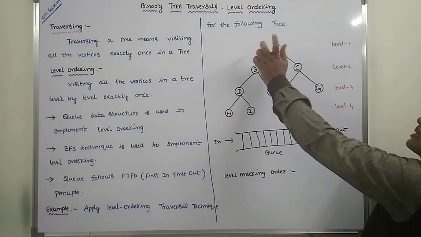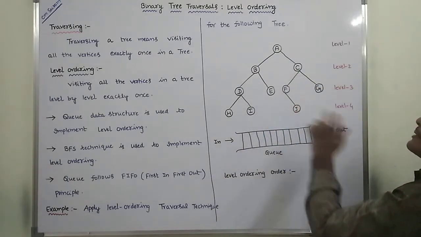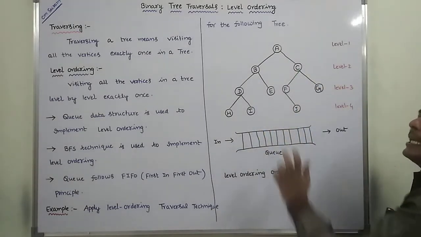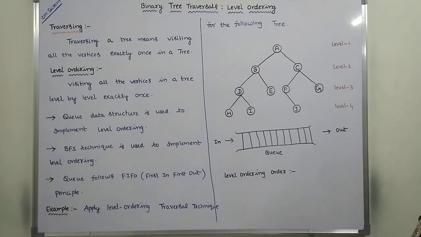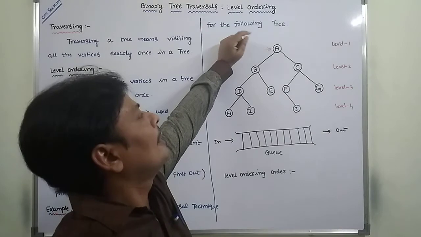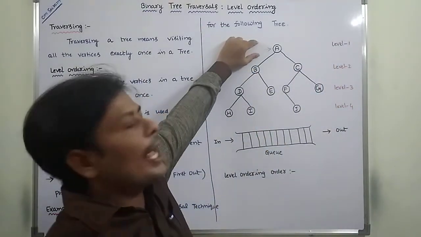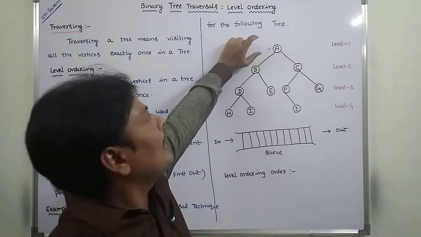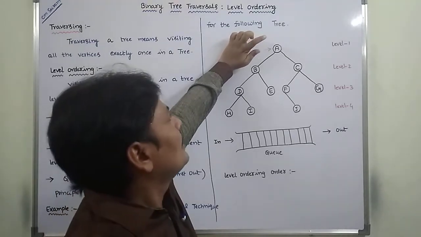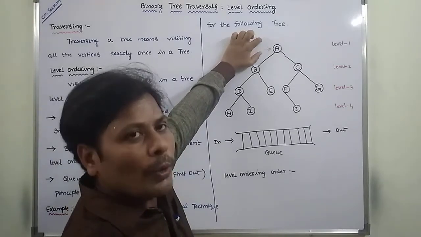Level 1 contains a single node, level 2 contains 2 nodes, level 3 contains 4 nodes, and level 4 contains 3 nodes. Level ordering starts at the vertex in level 1, that is the root node. So now I am starting level ordering at the vertex in level 1.